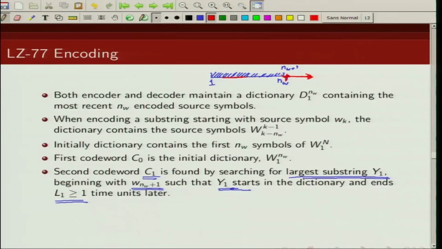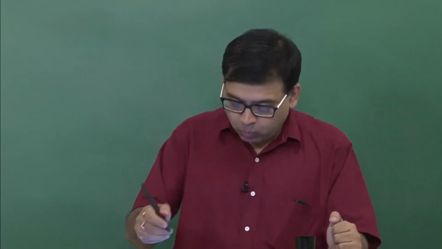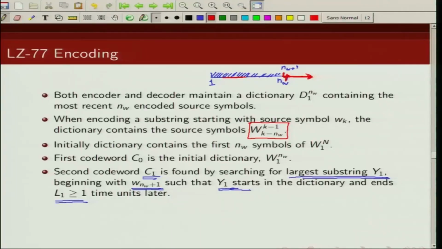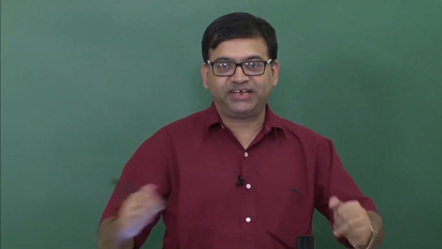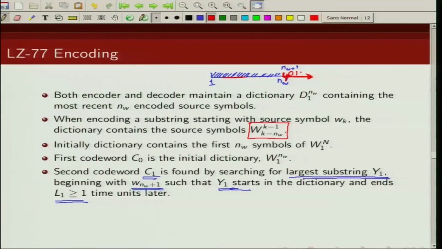My dictionary contains symbols from time K minus NW to K minus 1, so it has NW symbols. Now at location NW plus 1, I am trying to find the largest string which is already there in the dictionary. So let's say this match is 0, 1, 0, 1.